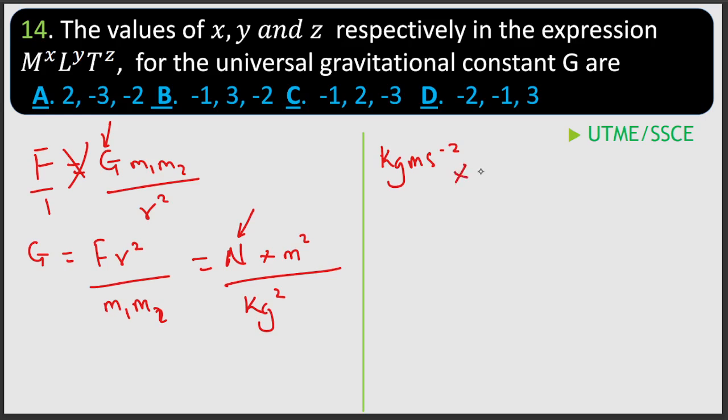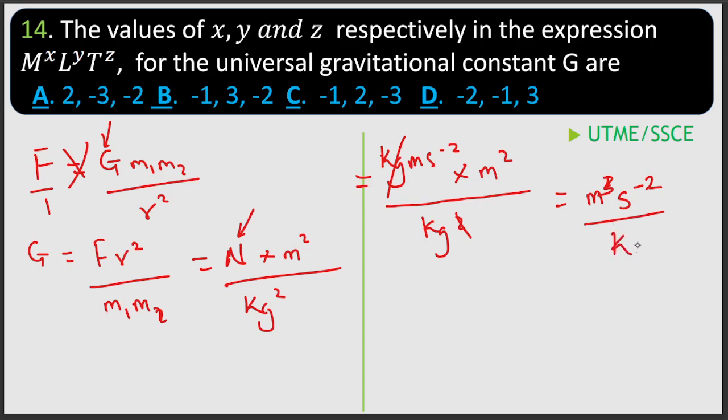So still times m squared over kg squared, so that this kg will take care of one down here, so that we will have m cubed per second squared over kg.